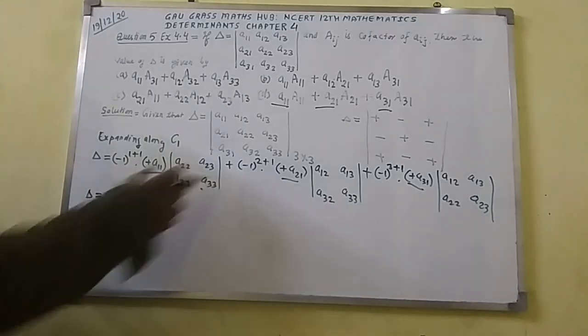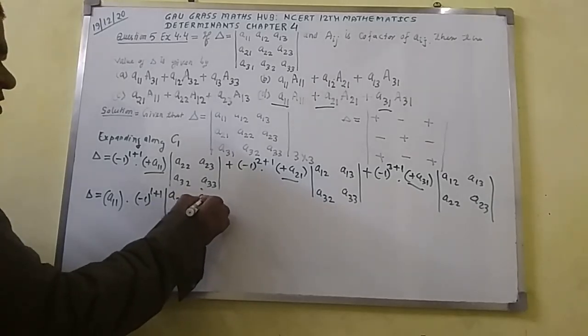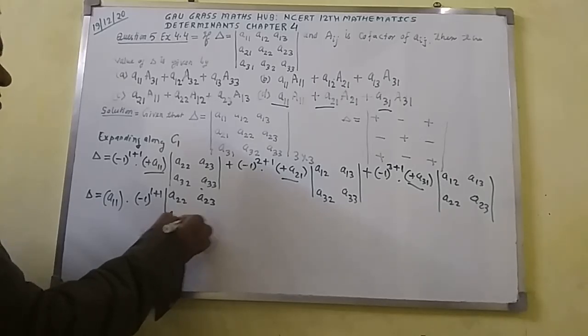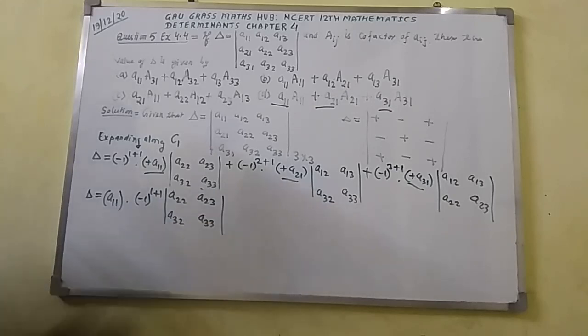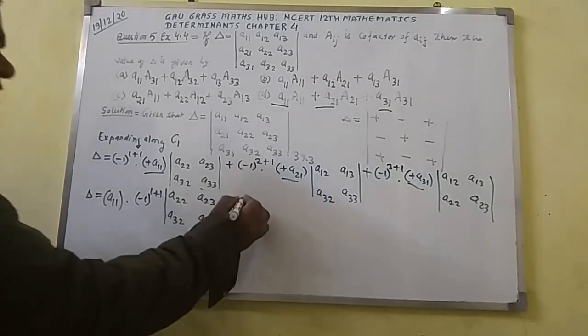And this thing will be reflected here: A22, A23, A32, A33 will be reflected like this. Here I shall write plus. This thing will be reflected.